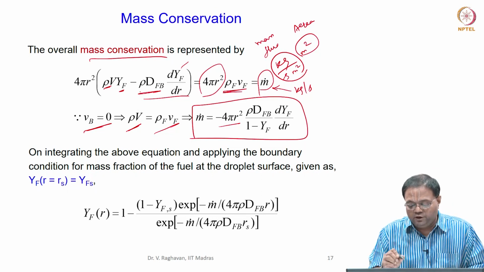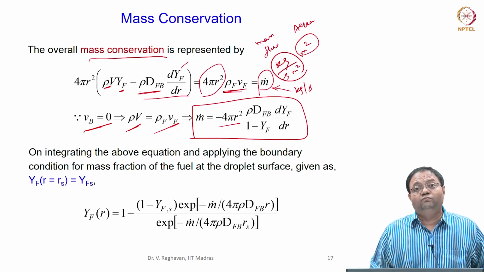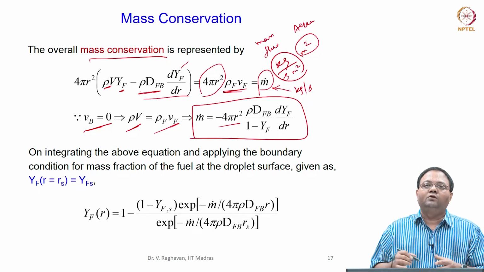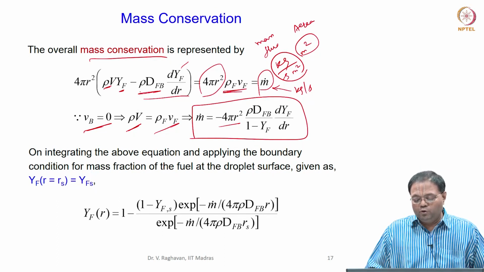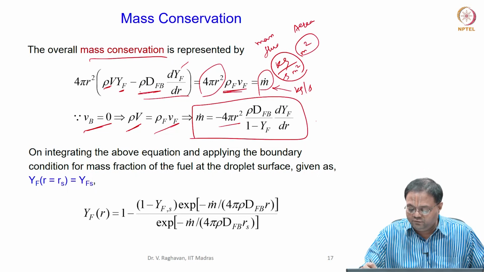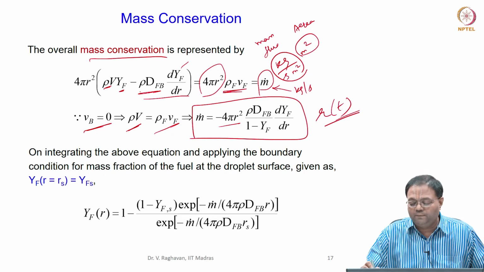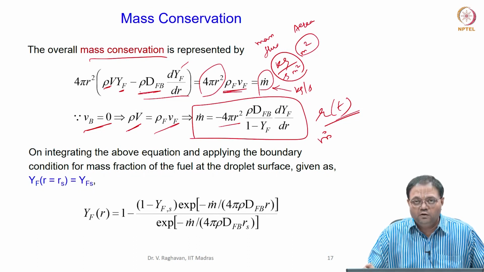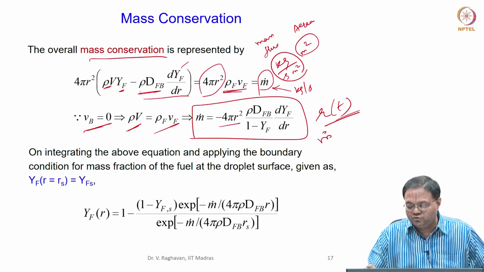Similar to this, here there is no time dependence on the rate of vaporization. Even though r, the radius of the droplet, varies with time, the rate at which mass is evolving does not change; it is a constant.